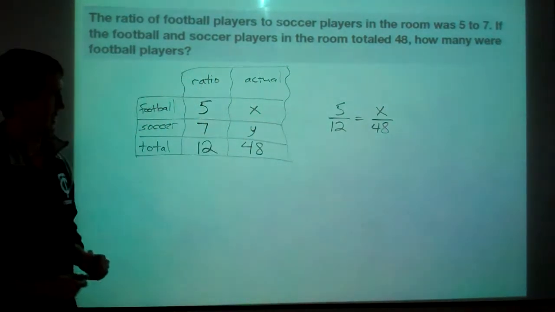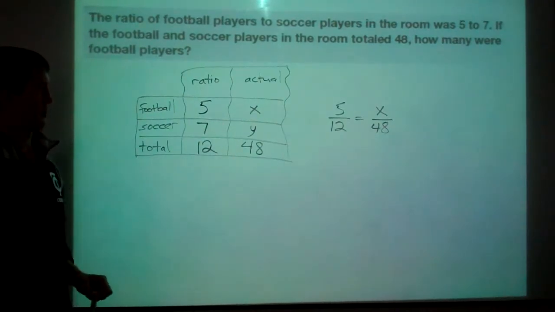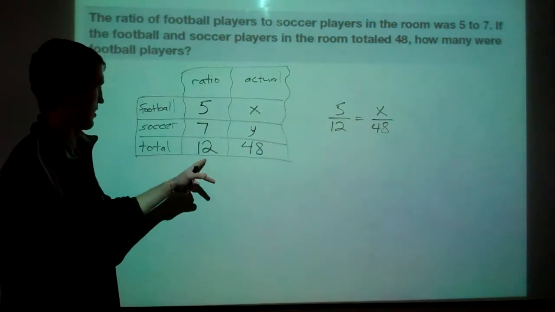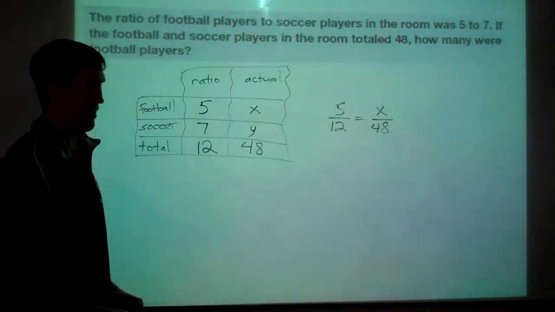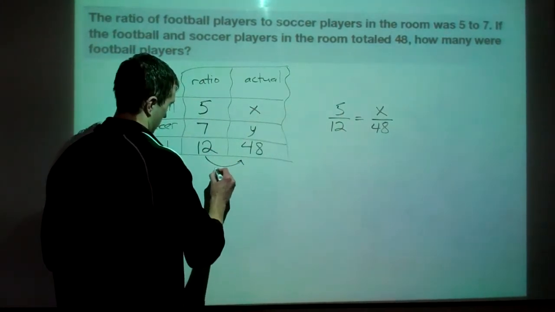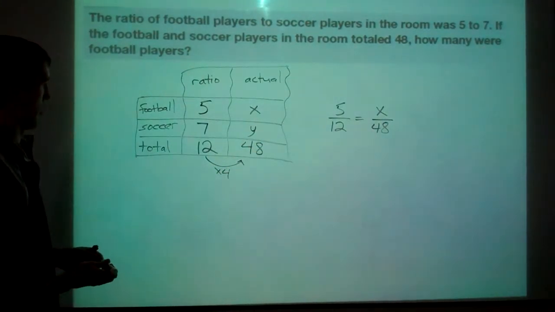And if we solve for x, we should be able to see how many actual football players there are. Once again, you could do your cross multiply divide, or I'm noticing that 12 to 48, we just multiply by 4. So times 4, which means we can do that for each row now.